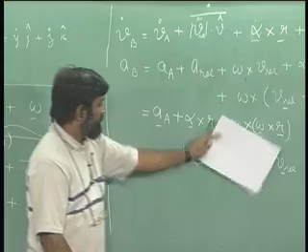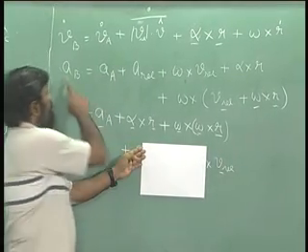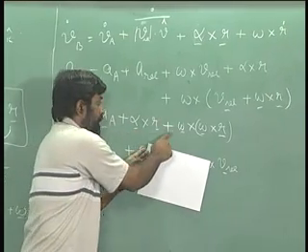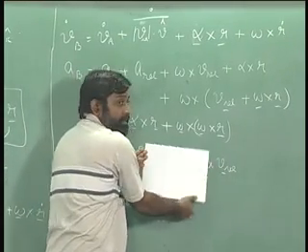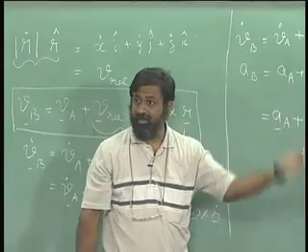What was this? What is this that you know of? AB equals AA plus alpha cross R plus omega cross omega cross R. It is the one that we found out for a rigid body.